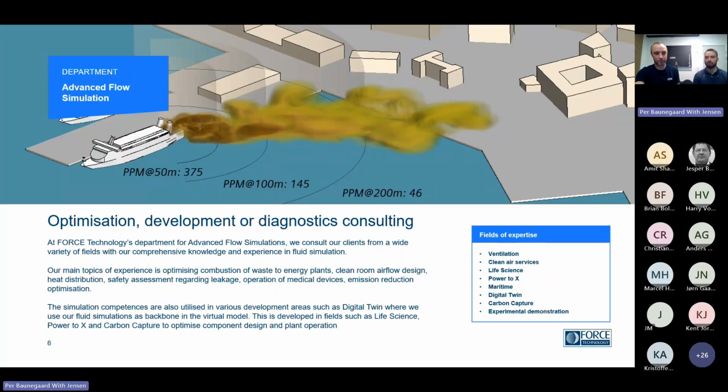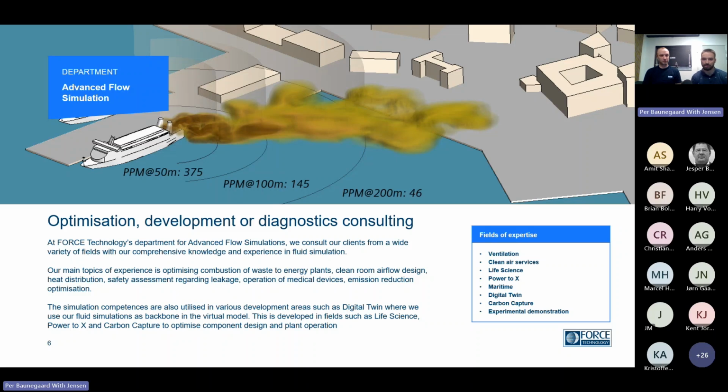Yes. So Per is representing the physical part of the presentation today, and I'm representing the virtual part of the competences today. And I come from the department where we do advanced flow simulation, and we can basically apply our simulations in most fields that have anything to do with flow management, distribution, and so on.